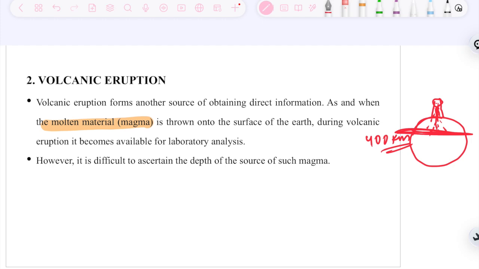However, it is difficult to ascertain the depth of the source of magma. We do not know whether this magma is coming from 10 kilometers depth, 12 kilometers, 300 kilometers, or 400 kilometers. We are not aware of it. Thus it becomes difficult to understand the layer by layer differentiation inside the Earth's interior.